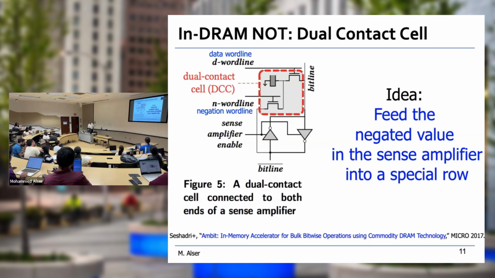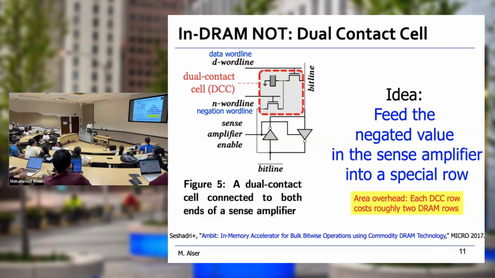They call it the D word line and the N word line, which holds the negated value. So the overhead of this operation is that it consumes 2 rows per inverter operation. Why 2 rows? Because we need to maintain the original value in one row and the negated value in another row. Do you have any question?